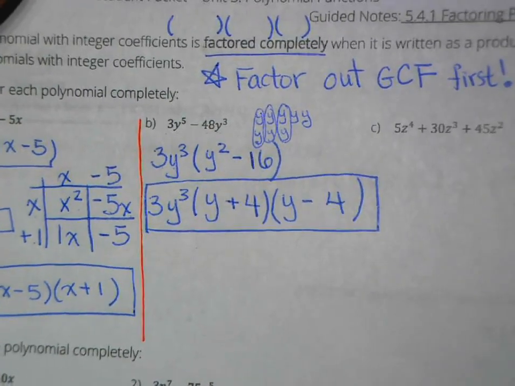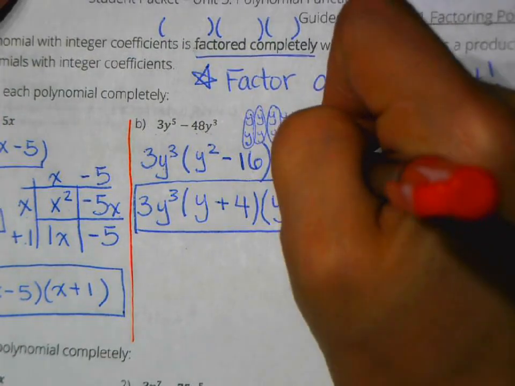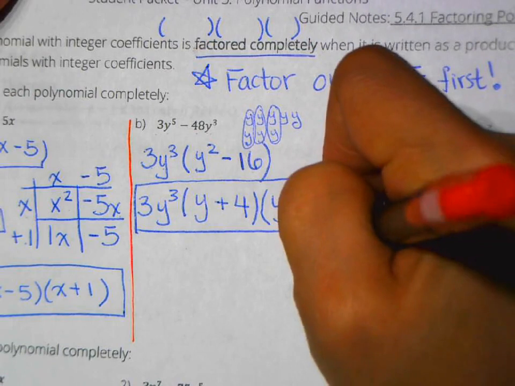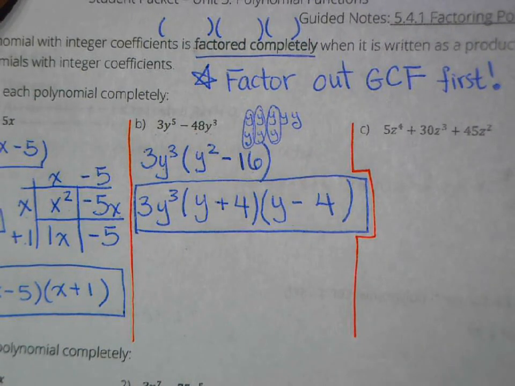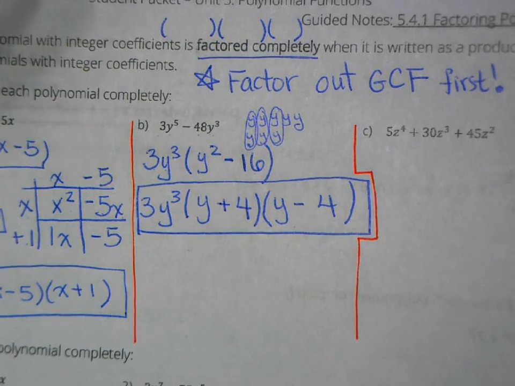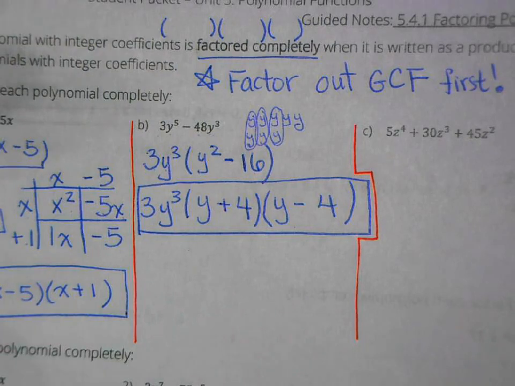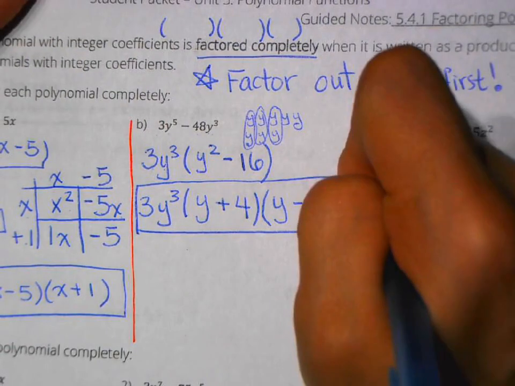And last but not least, if you take a look at part C, I have another 3 terms. Checking it out, 5, 30, 45. That has 5 as a greatest common factor. So I'm going to take that out, 5.